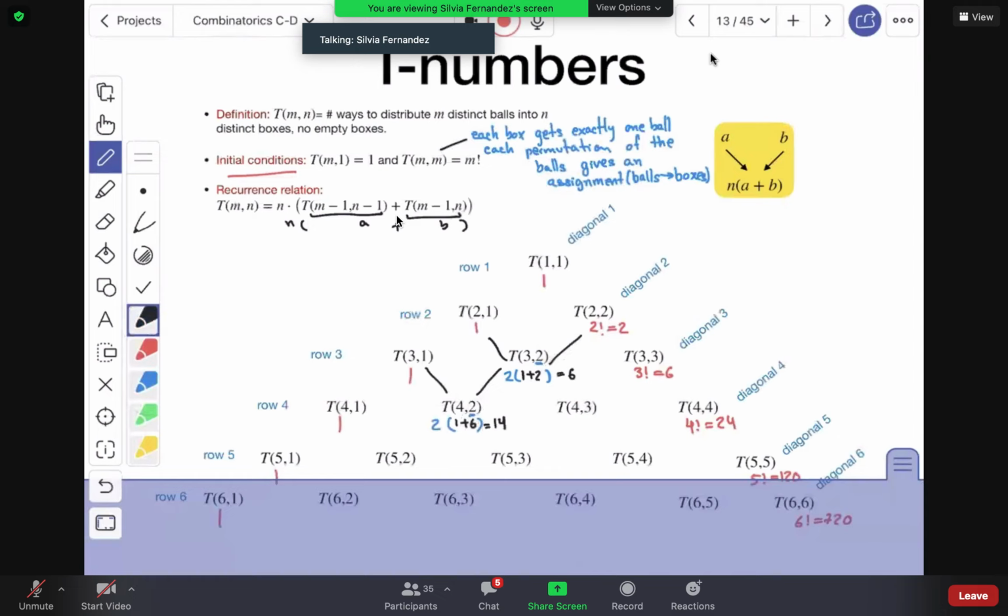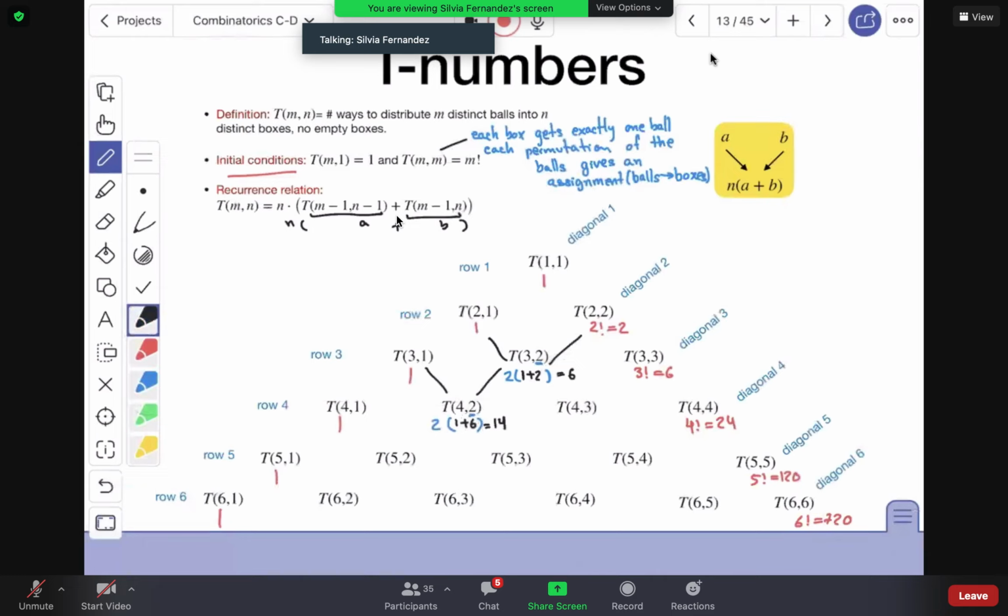Let me check my completed T triangle, so that if I make a mistake I can see it right away. Yeah, 6 and 14, perfect. And then for the next one, the usual 1 plus 14, and then I multiply times 2 because 2 is my second entry right there. So this is 30.